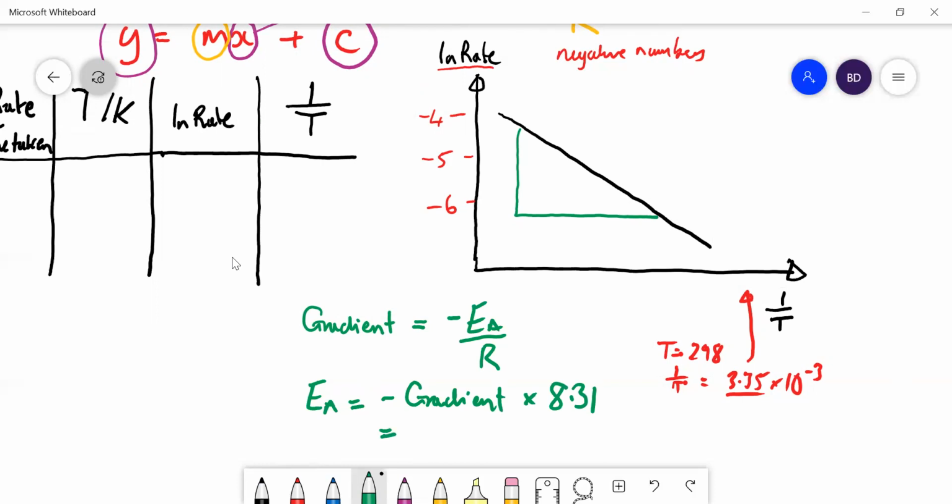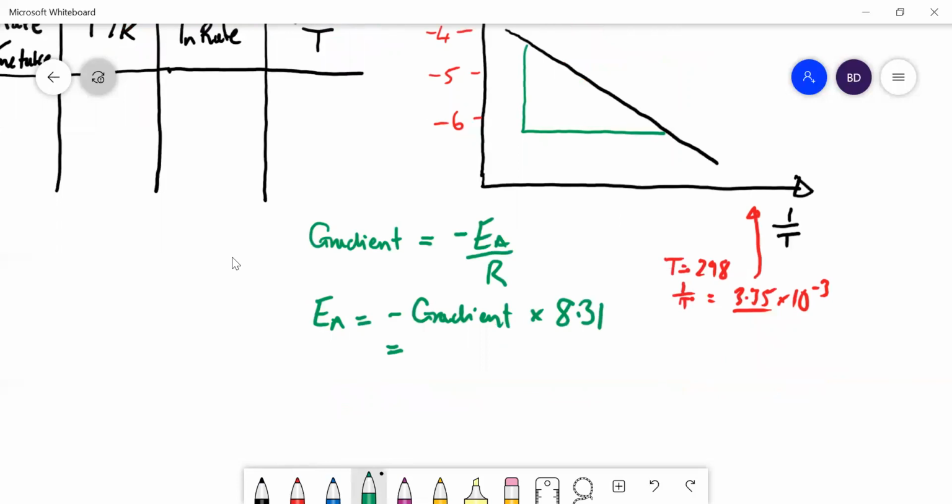And that is going to give us an answer in joules, because this is joules per mole per Kelvin. So you probably want to convert that to kilojoules.